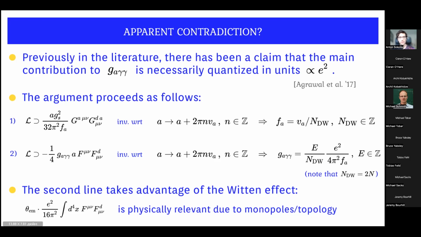But if there exist magnetic monopoles, or if we have some non-trivial topology, then actually this term is relevant, and so one can introduce it into the action to account for the Witten effect.